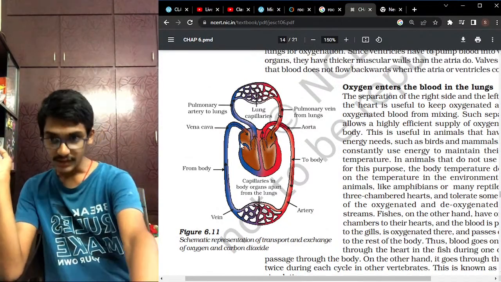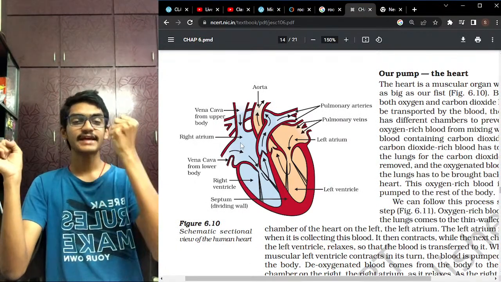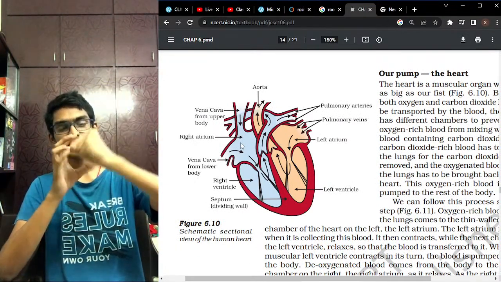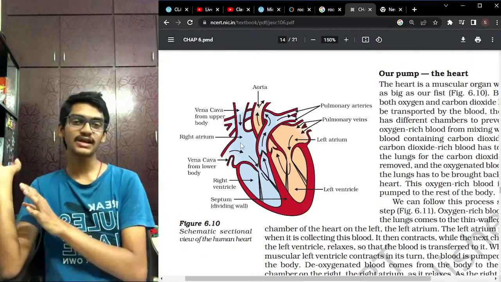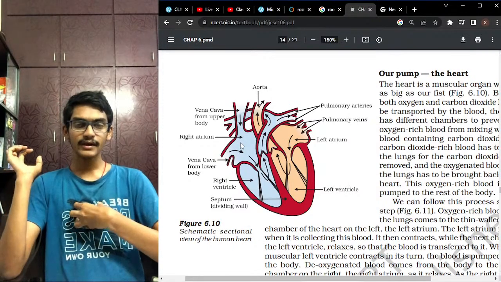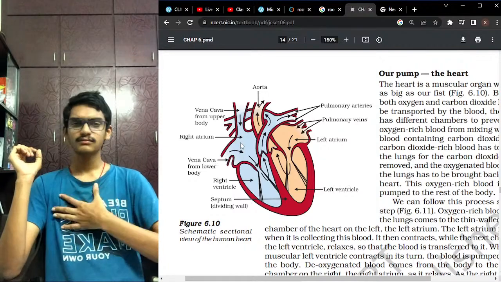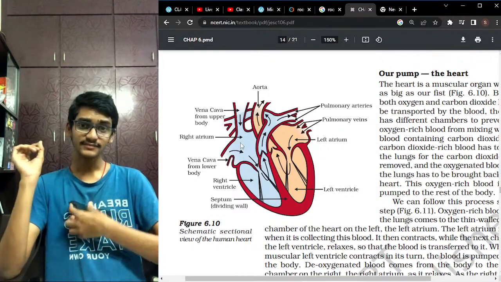Now, very, very important, the structure of the heart. The size of the heart is the size of a fist. What is the size of a fist? This is the size of your heart. The heart is situated in the middle. It is not completely towards the left side. Okay, but it is slightly bulged towards the left side.